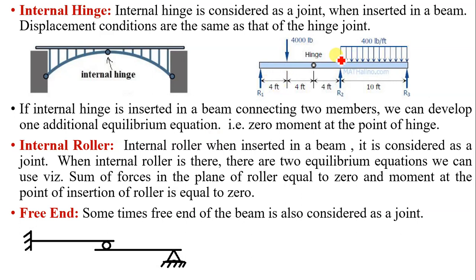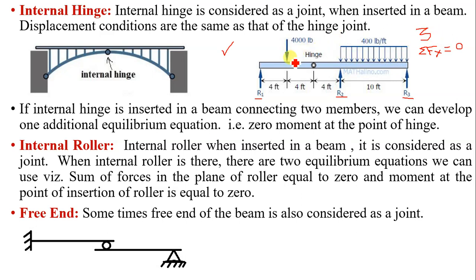Now let us consider this beam. This beam has three supports, or say three support reactions, R1, R2 and R3. Now if I ask you to calculate these three reactions, then we have three equilibrium equations: summation Fx is equal to 0, summation Fy is equal to 0 and summation M is equal to 0. The first equation, summation Fx is equal to 0, is of no use because there is no load acting in an inclined or horizontal direction on the beam.